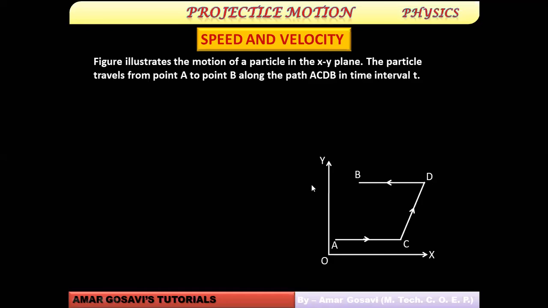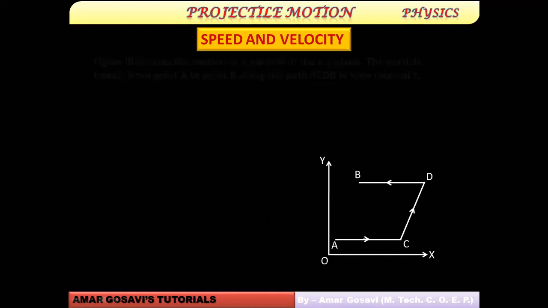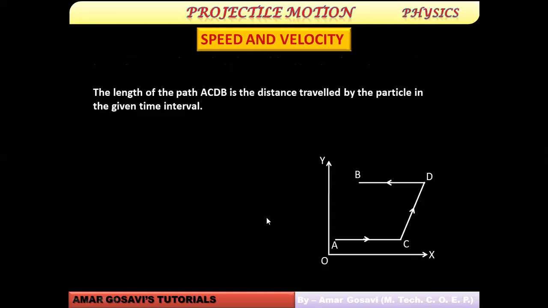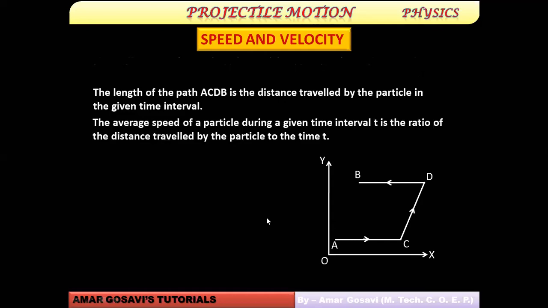But when we talk about displacement, it's the shortest distance between the initial and final position. So the displacement will be the distance between A and B directly. That will be displacement. So that's the difference between distance and displacement.